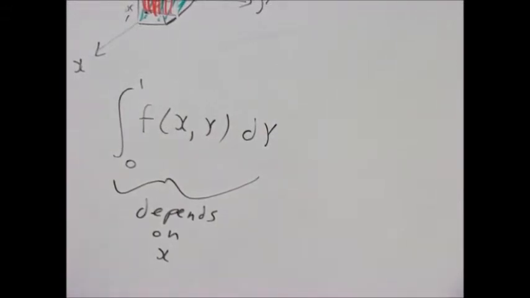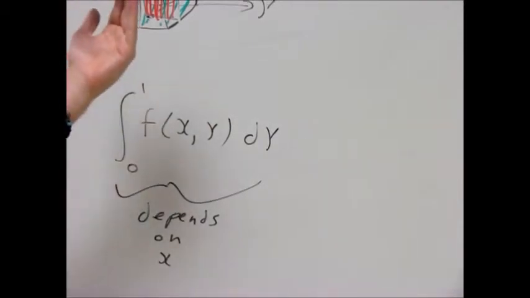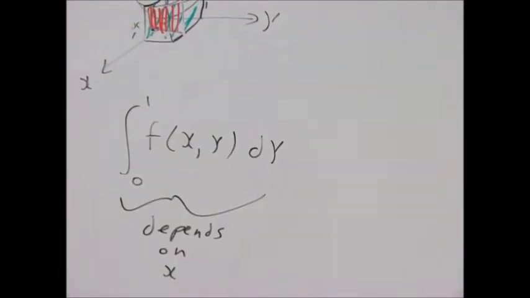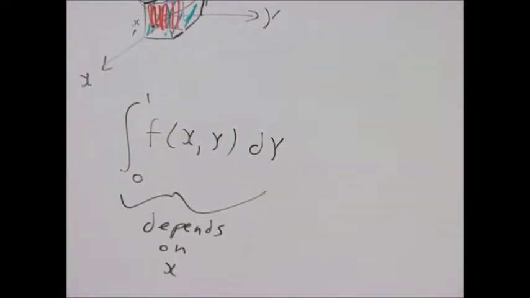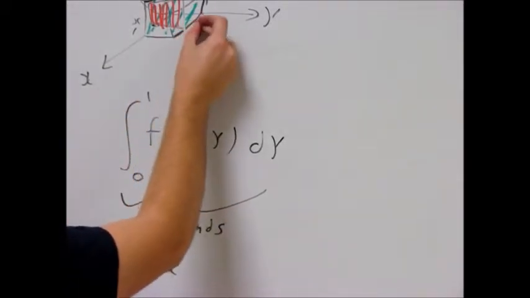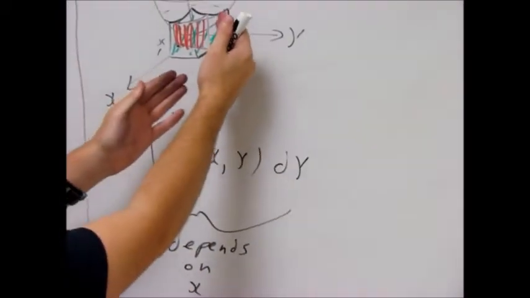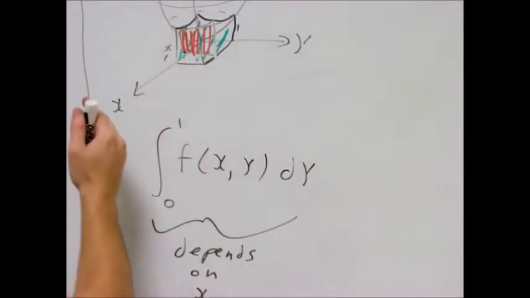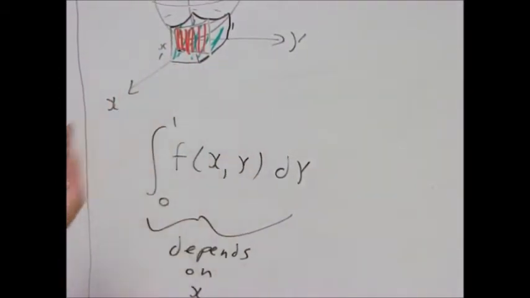But now if we think about every single x value here having a slice area, we can say, well, if we take all of the slices of this and we add them all up, we'll get the whole region.